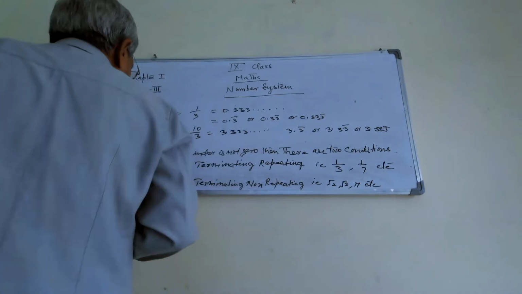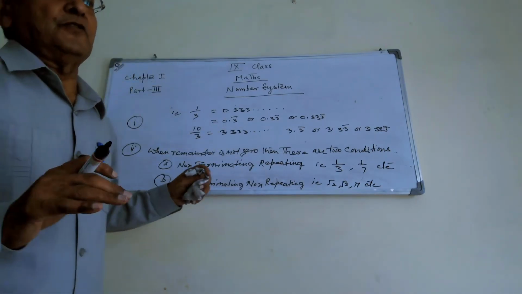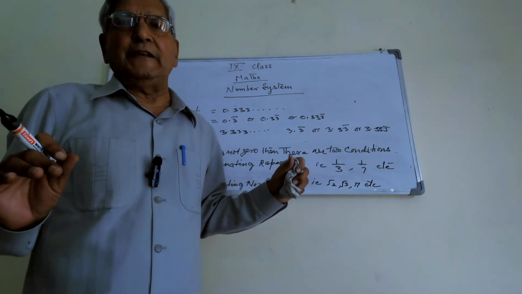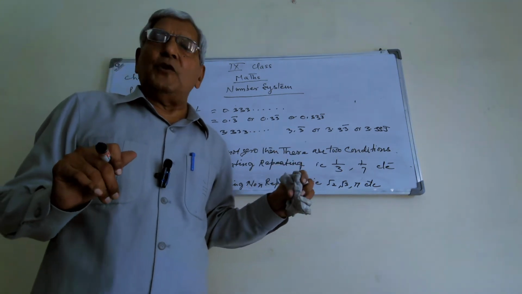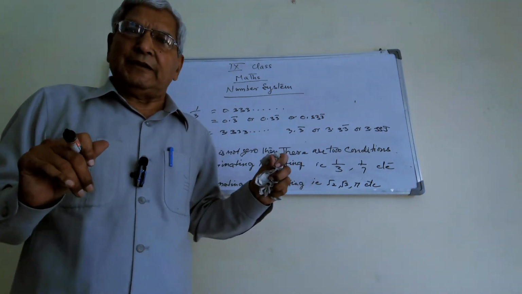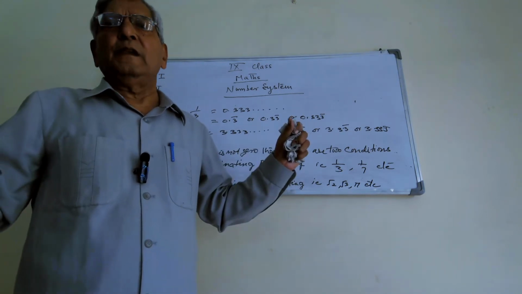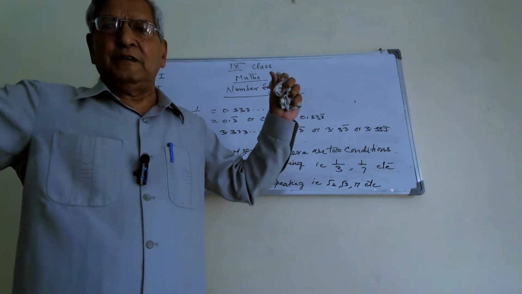So the third condition, non-terminating, non-repeating. In this case, when you divide a number, you will not get any repeating number anywhere. New numbers will come again and again.